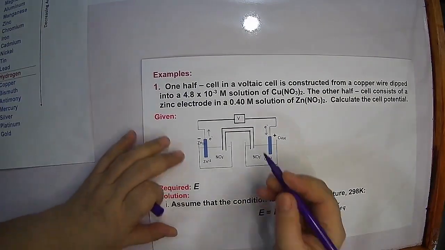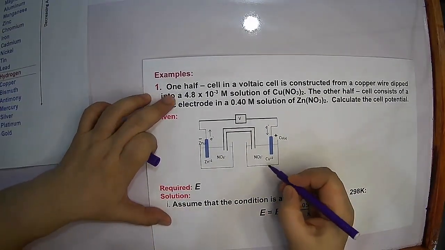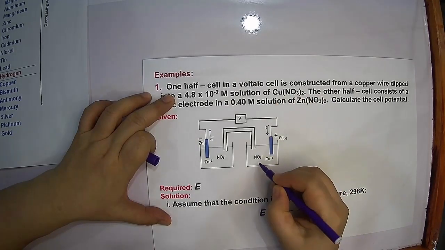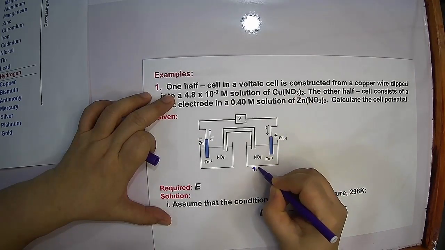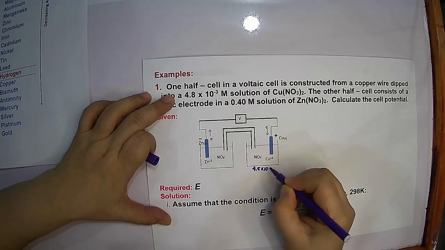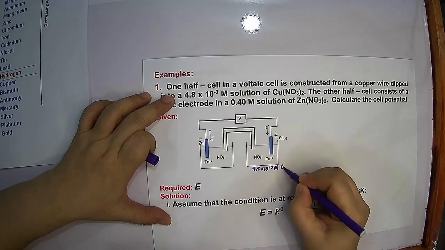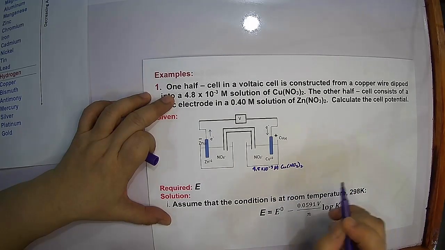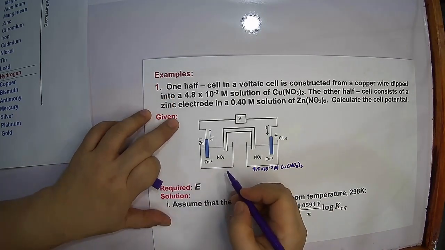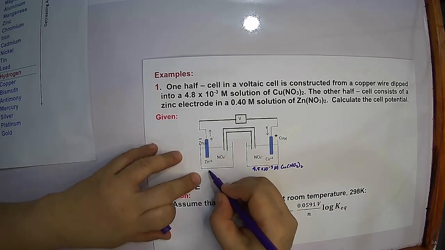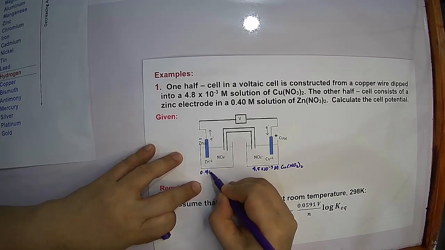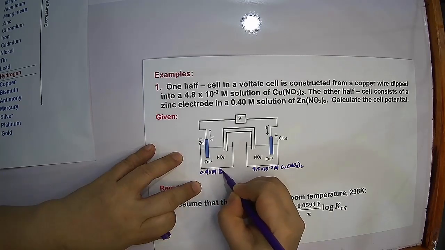So we're given the concentration of the cupric nitrate solution, which is 4.8 times 10 to the negative 3 molar. On the other hand, the zinc nitrate is 0.4 molar.